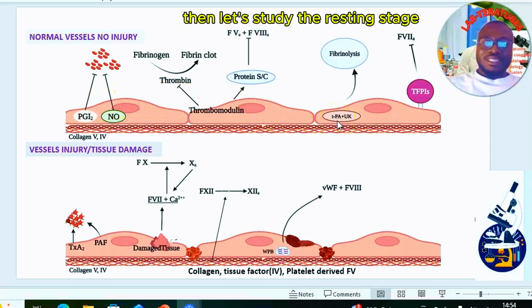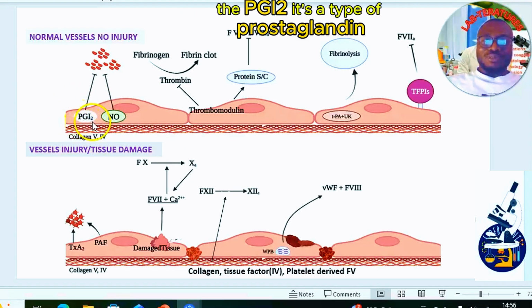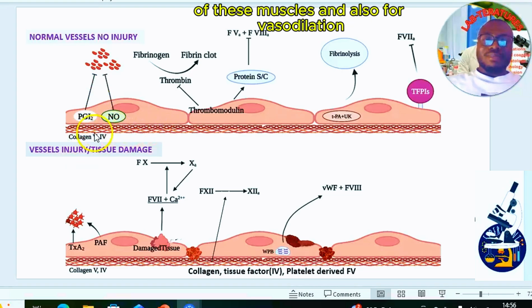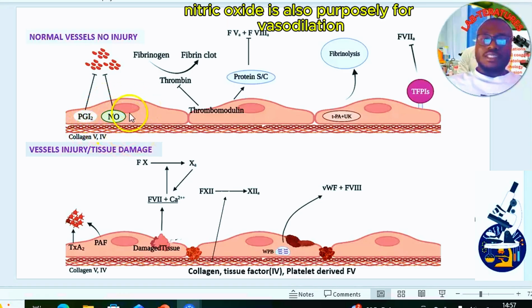Then let's study the resting stage. Now we can see that there is this prostacyclin, the PGI2. It's a type of prostaglandin, but this purposely is to cause relaxation of these muscles and also for vasodilation. And this is nitric oxide. Nitric oxide is also purposefully for vasodilation.